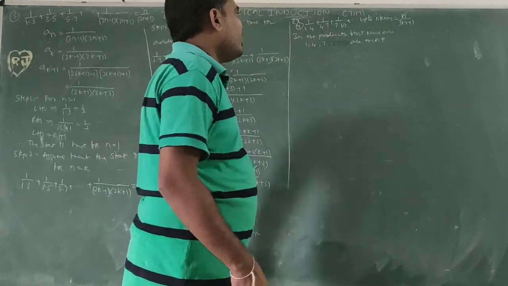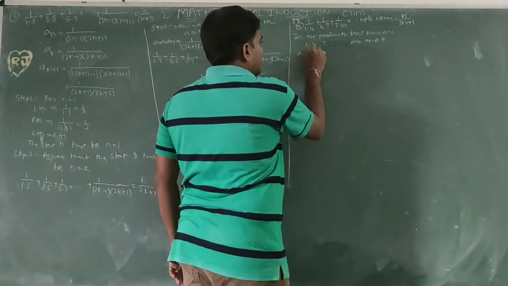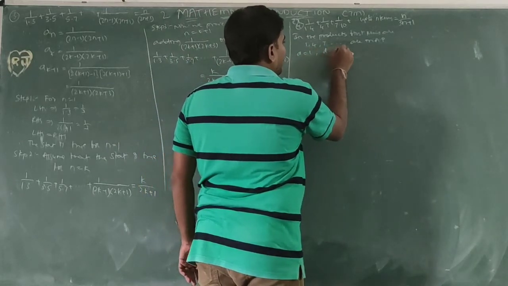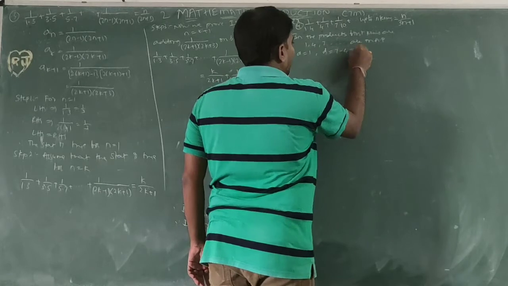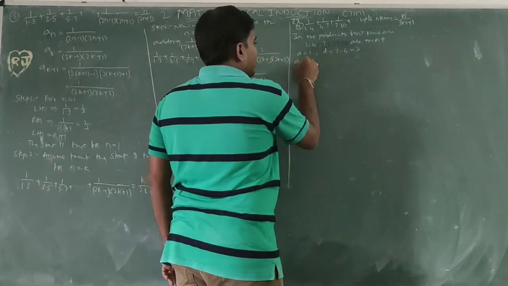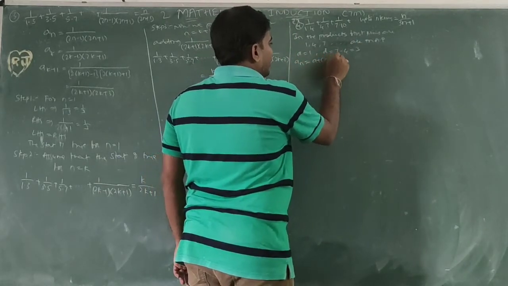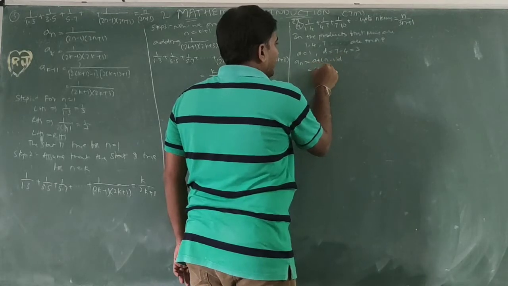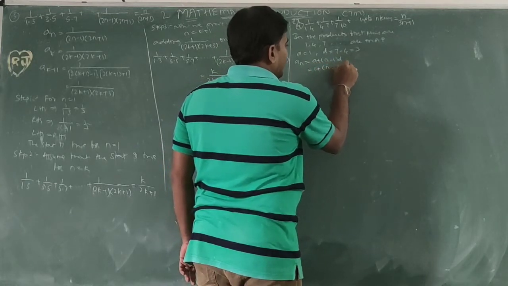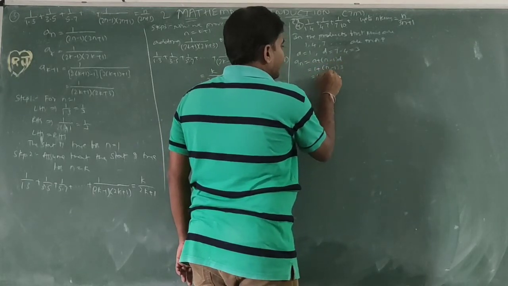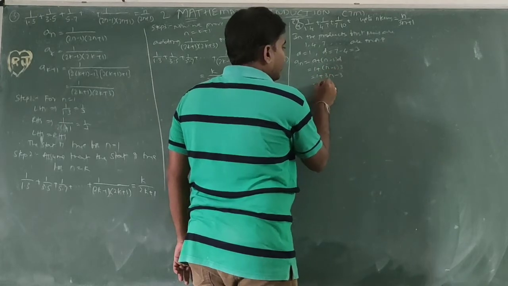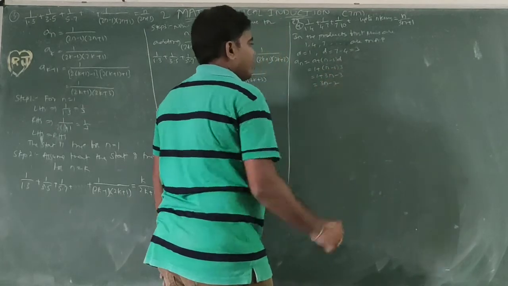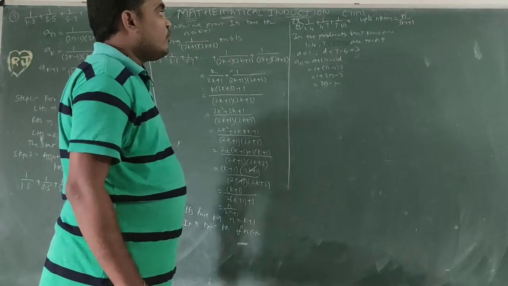So these are in AP, with a equal to 1 and d equal to 7 minus 4 equal to 3. So a plus (n minus 1) d: 1 plus (n minus 1) of 3, so 1 plus 3n minus 3 equals 3n minus 2. So this is an, the first series.